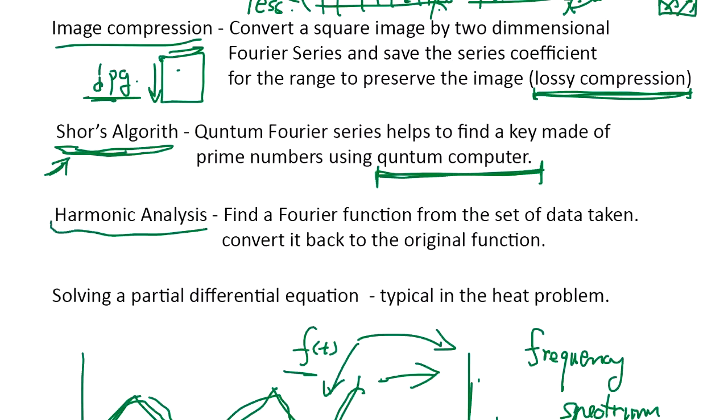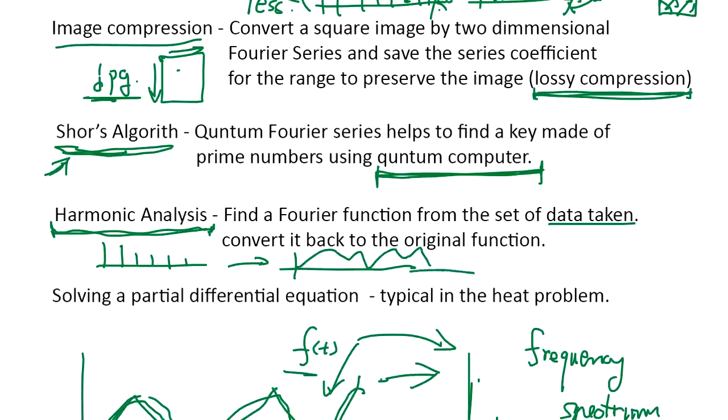Fourier analysis. What's a Fourier analysis? You get the data points at different frequencies, so you get discrete data, and after measurement you convert it back to a waveform.